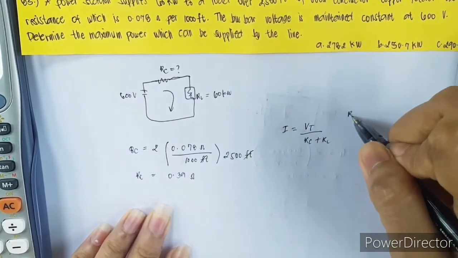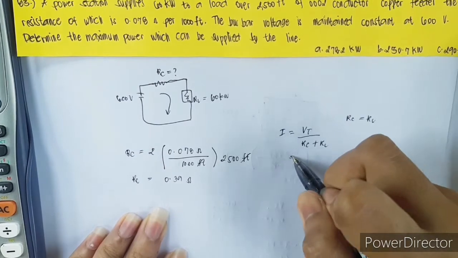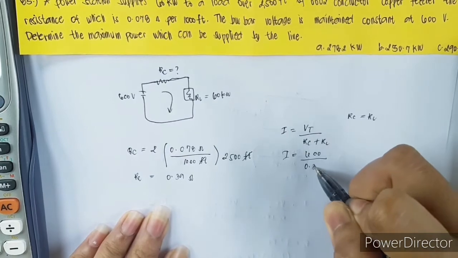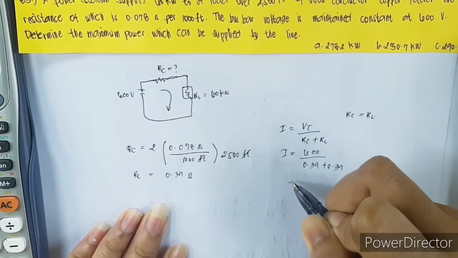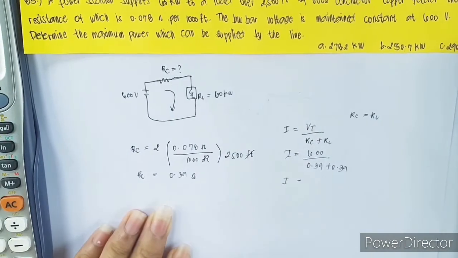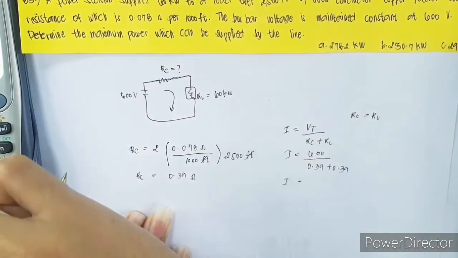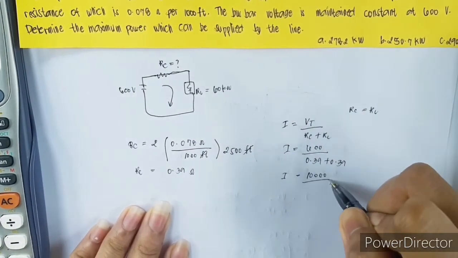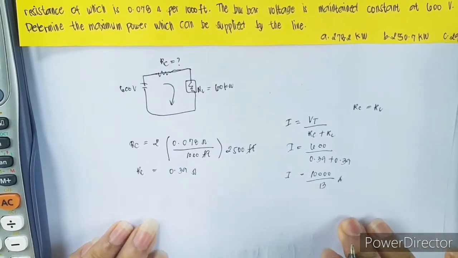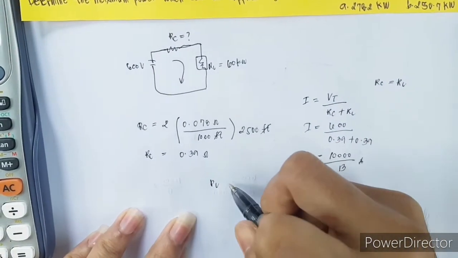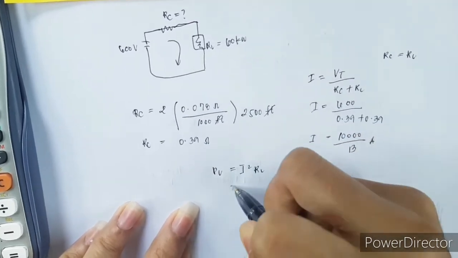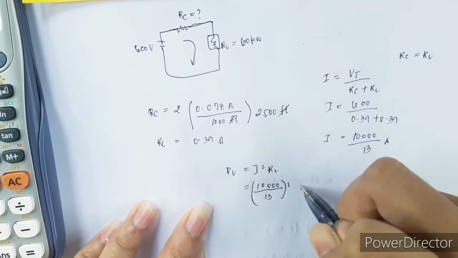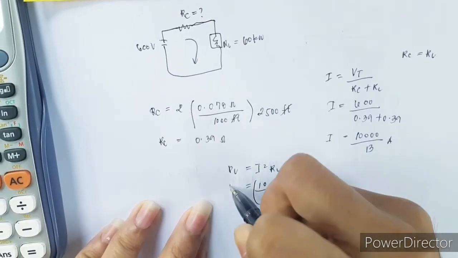Note that RC and RL are equal, so we will go back to the problem. 600 over 0.39 plus 0.39, we will get 10,000 over 13 amperes. So by that, we will be able to find the maximum power transfer using this formula. So 10,000 over 13 squared multiplied to 0.39.